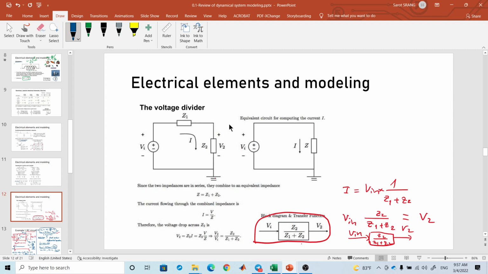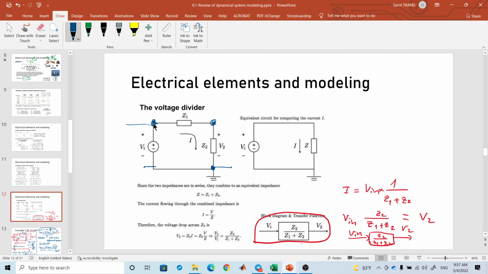Voltage divider, yeah, this is a fast way to make a model. You have input voltage to here, so the voltage here is represented here and here. If you want to find the voltage from here with respect to this, you have a fraction of the total.